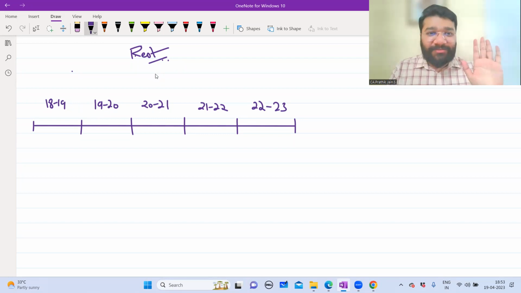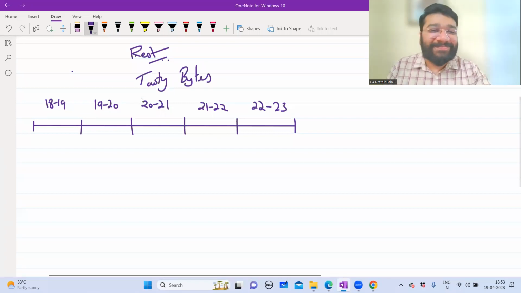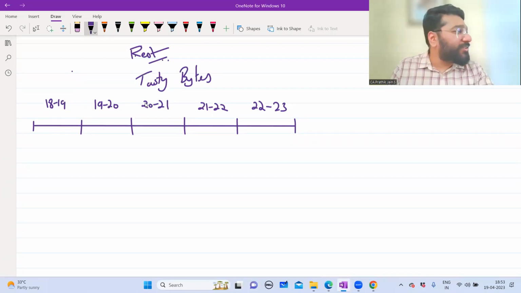Restaurant. Now, this restaurant, I'm giving a name called Tasty Bites. Tasty Bites. That is our restaurant business name.